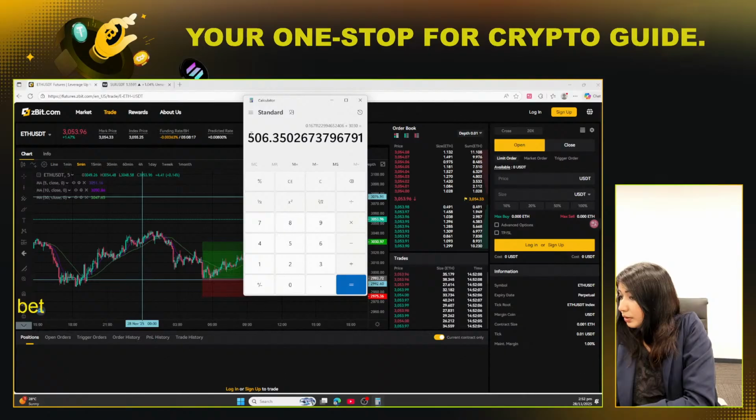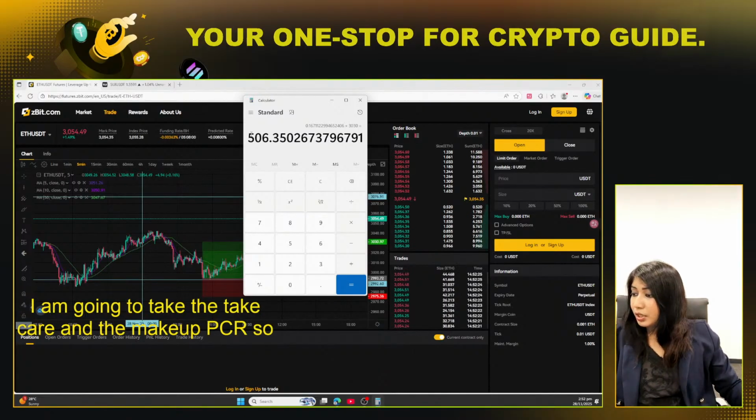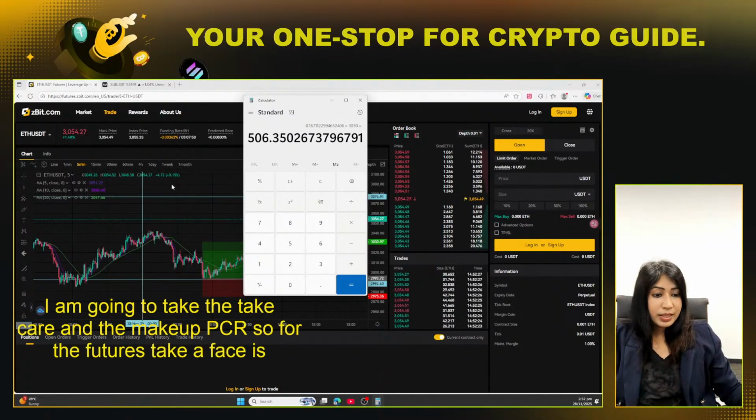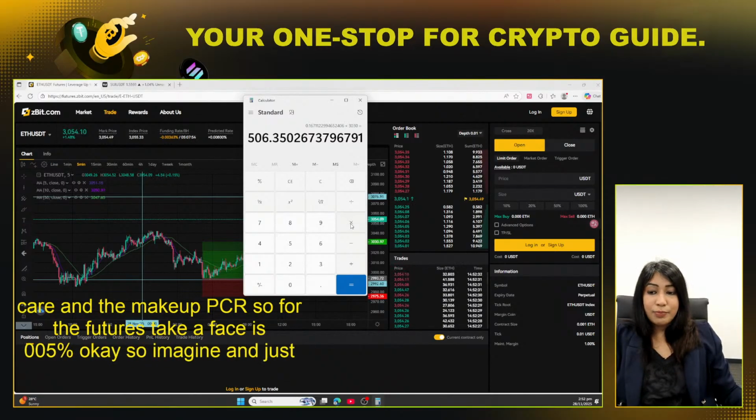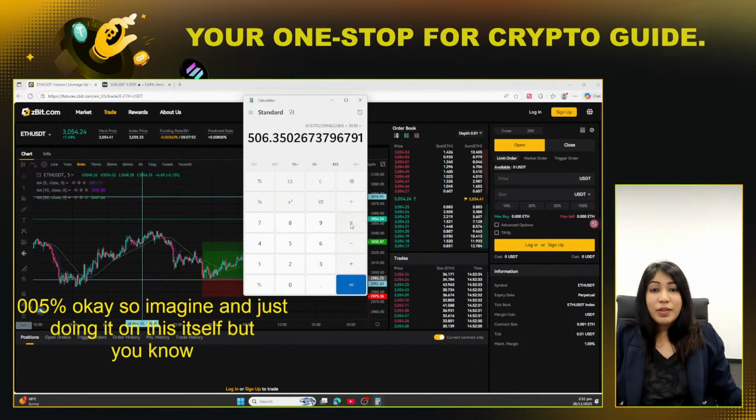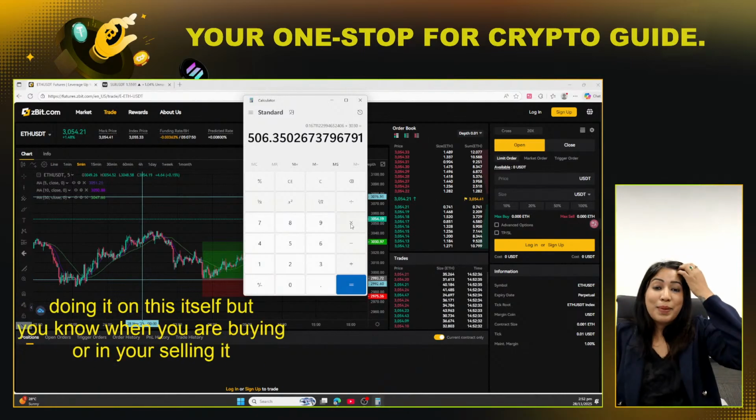Wait, hold on. I'm going to take the taker and the maker fees here. So for futures, the taker fee is 0.005%. Imagine I'm just doing it on this figure itself, but when you're buying or selling, the fees get applied then and there.